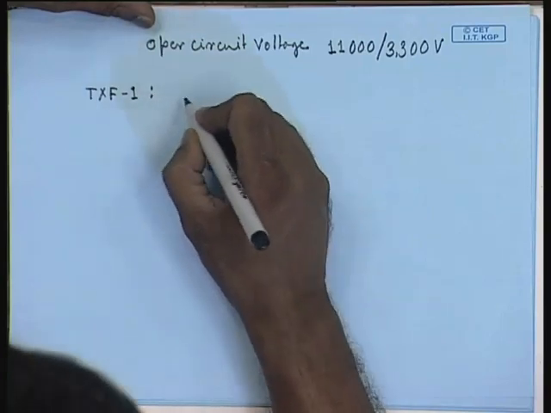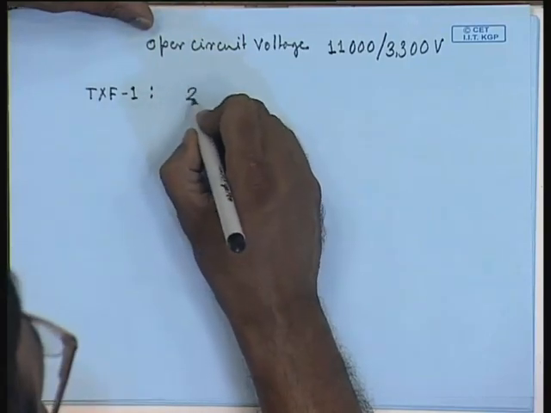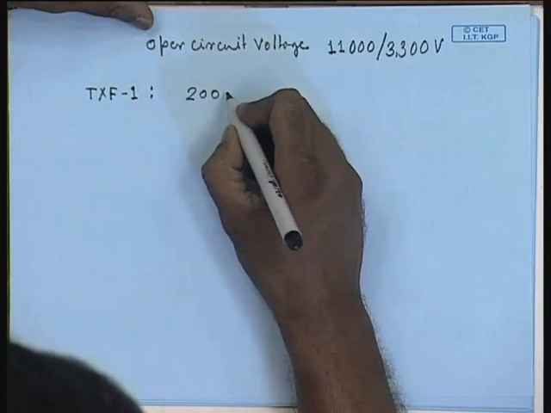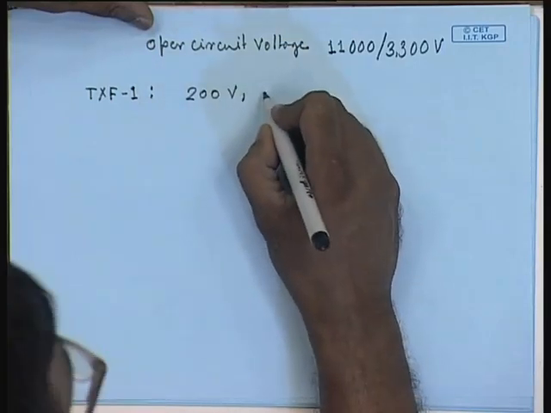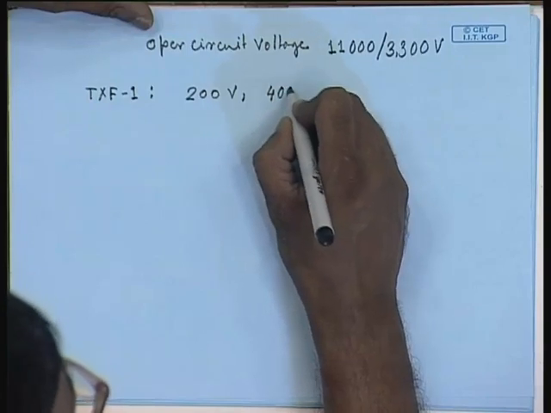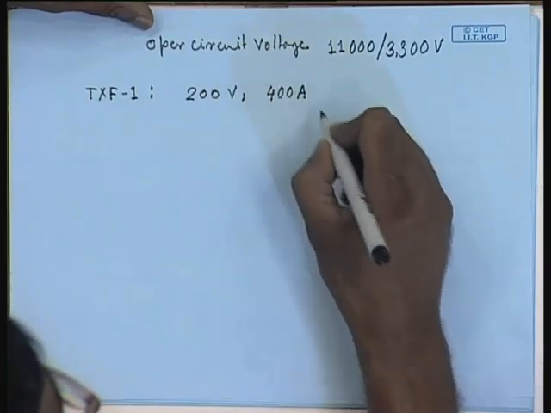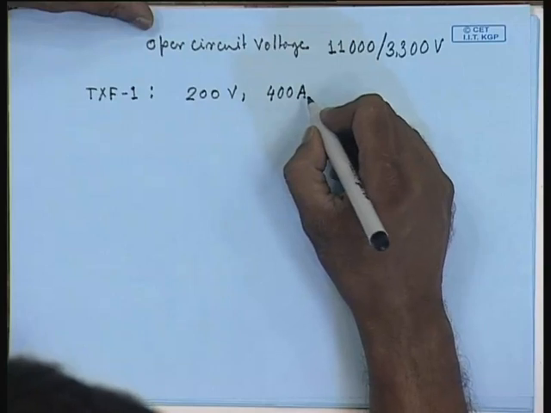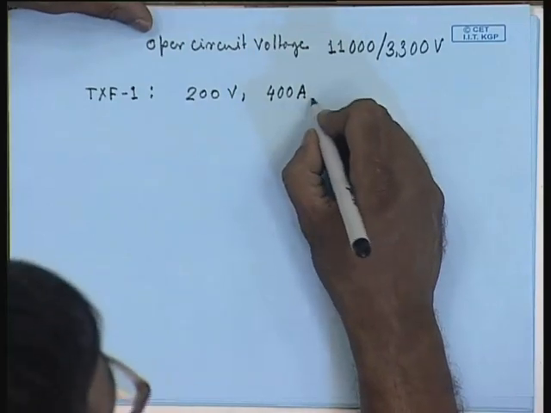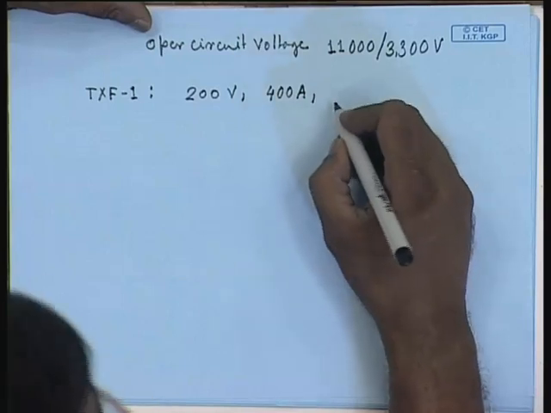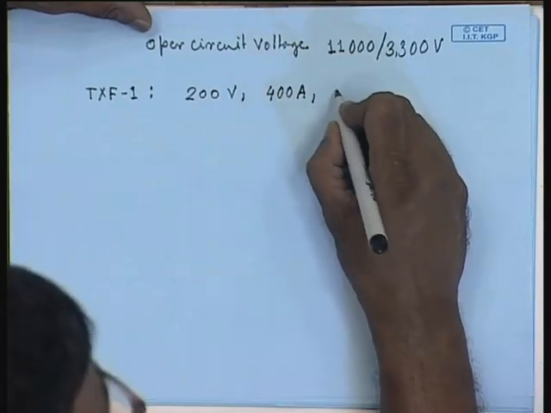The applied voltage is 200 volts, the circulating current is 400 ampere, and the dissipated power is 15 kilowatt.